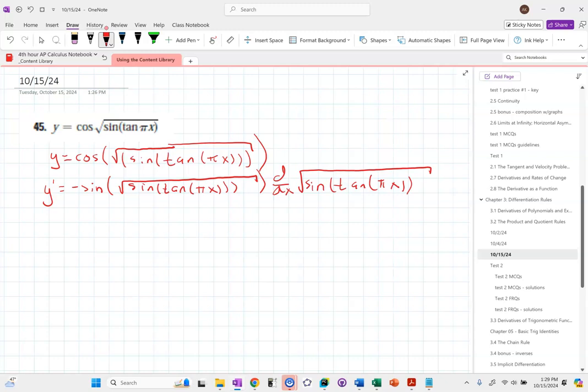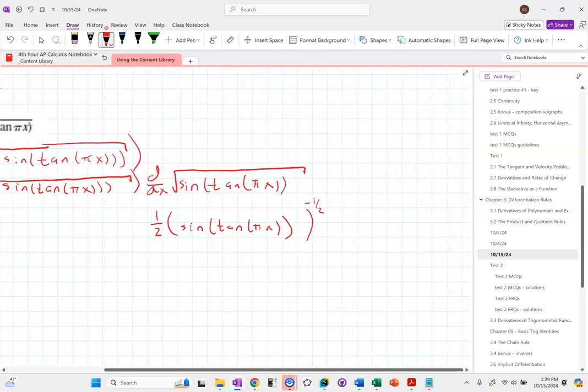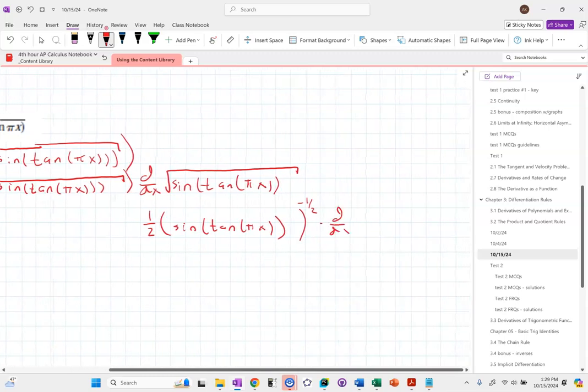And the derivative of a square root is like that. And then I have times the derivative of the inside.